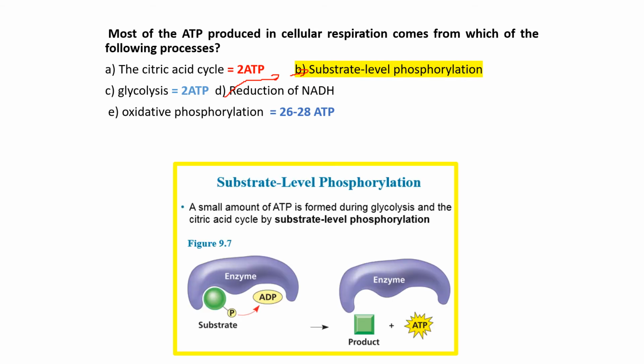In those, you use an enzyme and a substrate to produce a product and to produce ATP. So this produces just a very little amount of ATP, but remember, this could be in the test.